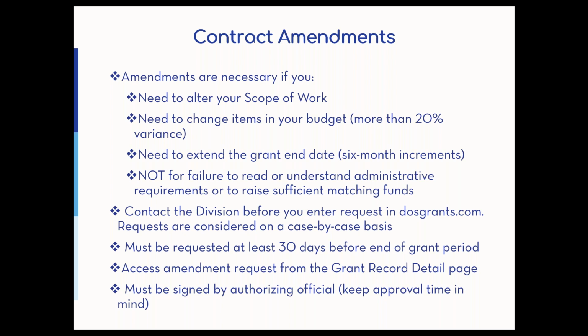We do grant extensions in 6-month increments. We can do multiple, so you're not just stuck with the 6 months. We can do more than one if need be, but they are only 6 months at a time. We only require a budget amendment if there is a 20% variance in grant funds, either plus or minus.